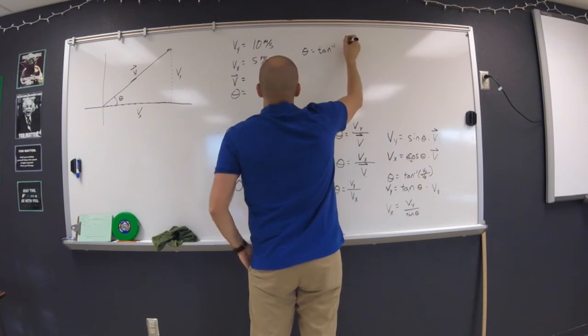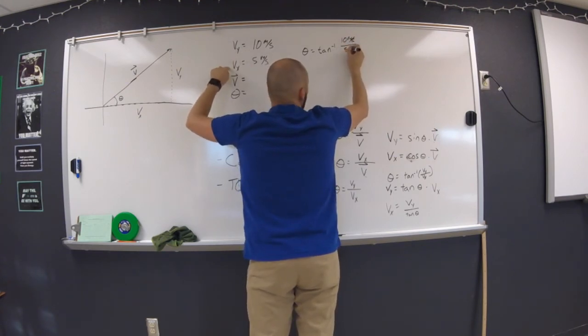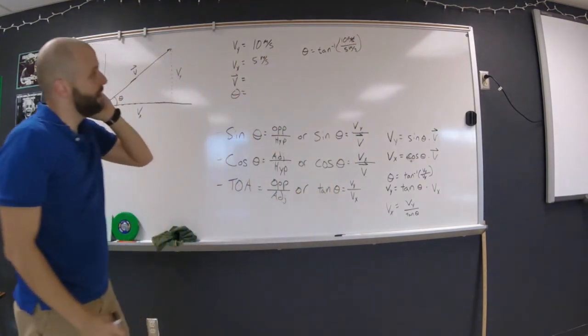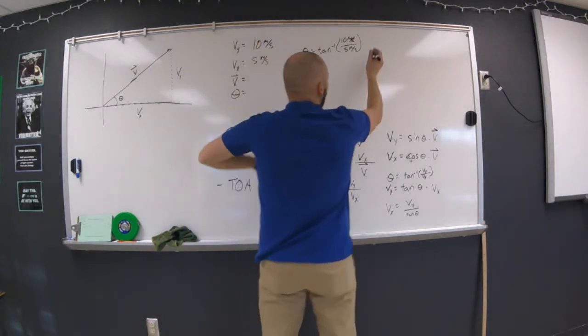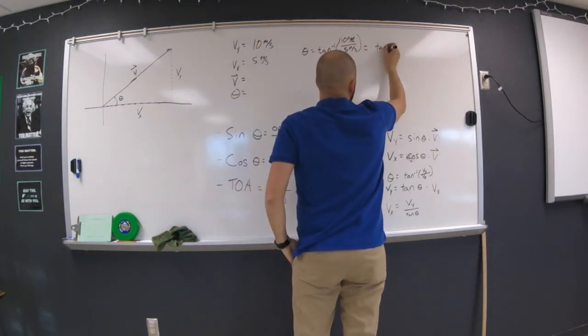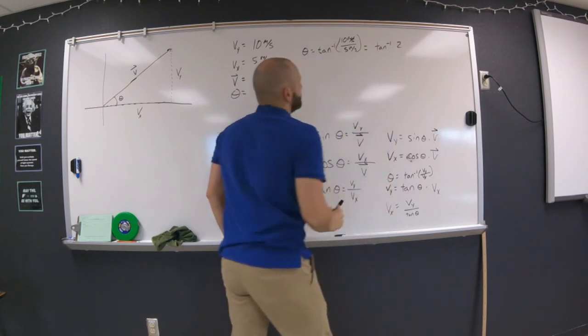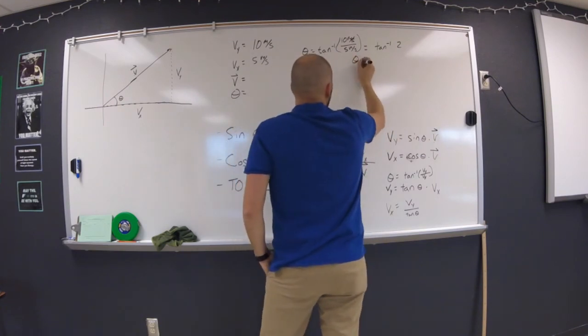It's going to be our y, 10 meters per second, divided by our x, or horizontal. So then we're going to solve that out. We should see inverse tangent of 2 to get our answer there. That'll give us our theta.